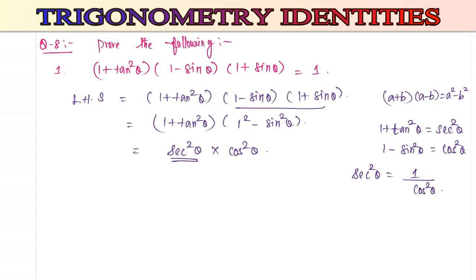Based on this identity, I am going to replace it. 1 divided by cos square theta is equal to secant square theta, into cos square theta. Now the cos square theta will get cancelled. We are left with 1. So 1 is nothing but RHS. Hence proved.